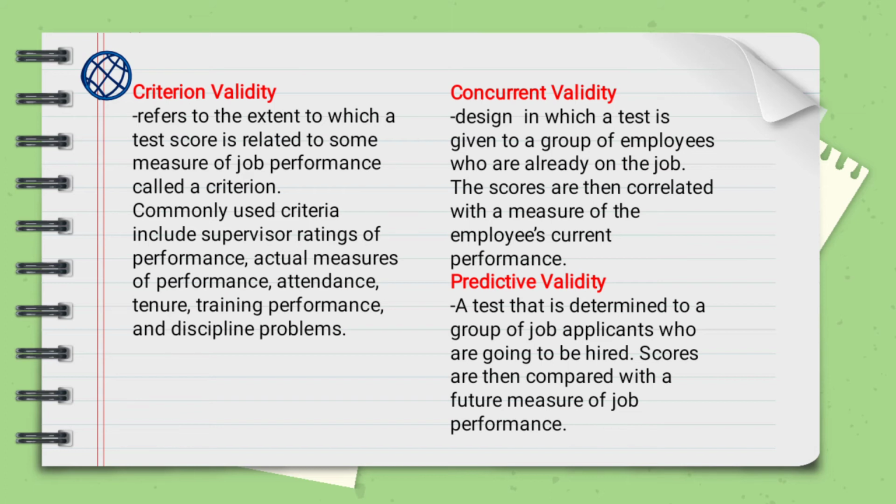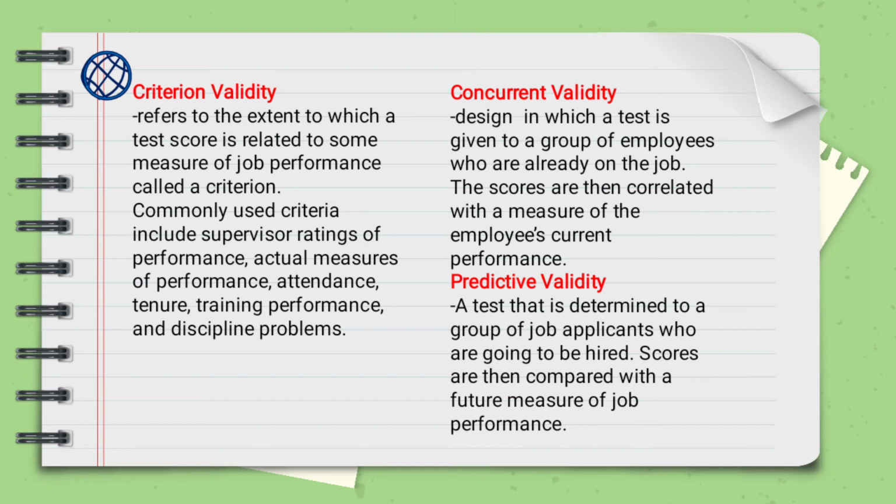So, what is the concurrent validity design? It is a design in which a test is given to a group of employees who are already on the job. The scores on the test are then correlated with a measure of the employees' current performance. The predictive validity, on the other hand, the test is administered to a group of applicants who are yet to be hired. With concurrent, they are already on the job; with predictive validity, they are still to be hired.